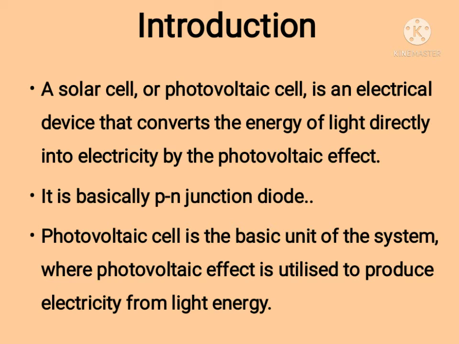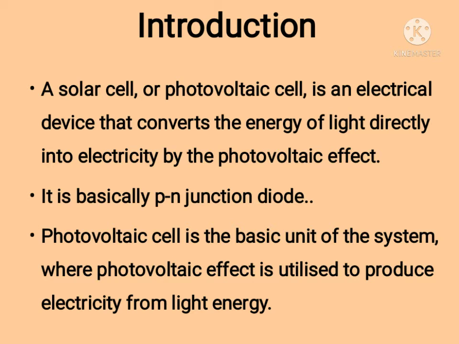Conversion of light energy into electrical energy is based on a phenomenon called photovoltaic effect. The working of solar cell depends on its photovoltaic effect. Hence, solar cell is also called a photovoltaic cell.